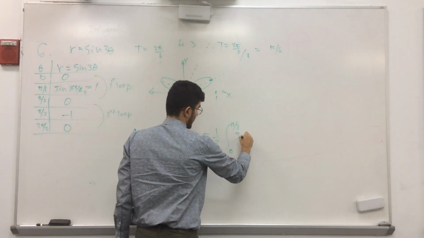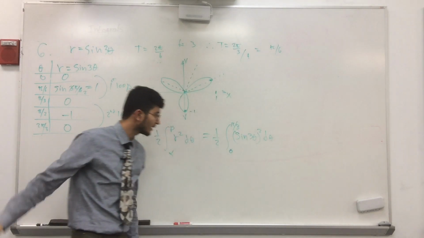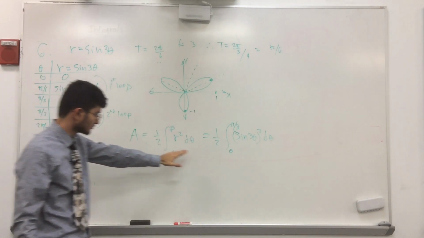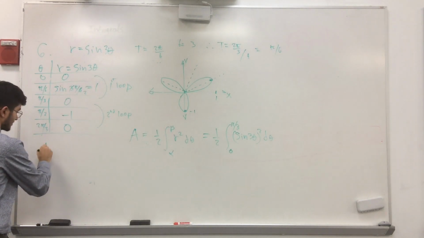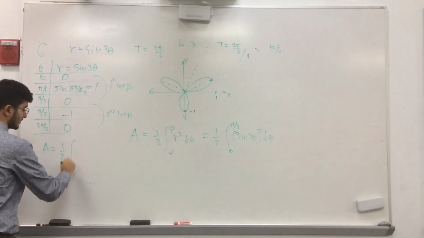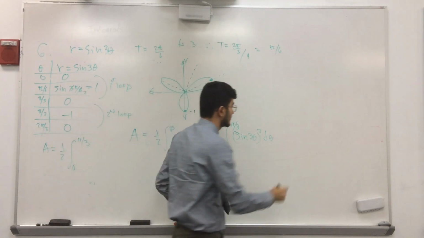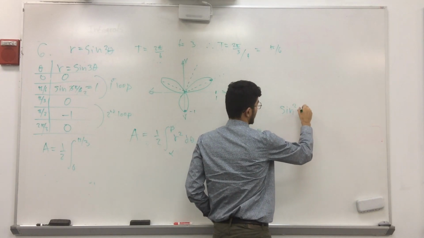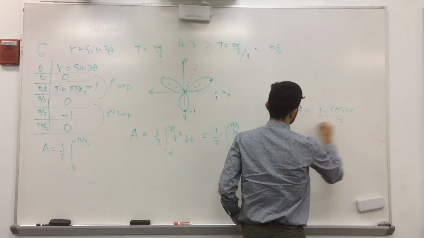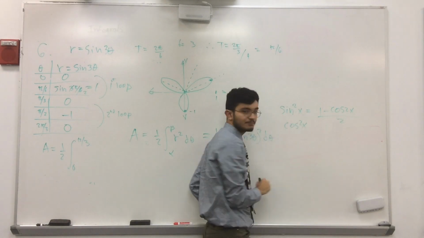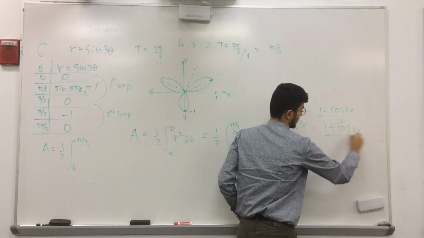That's going to be sine 3 theta squared d theta. So the area is 1/2 integral from 0 to pi over 3 of sine squared 3 theta. Now you remember that sine squared x equals 1 minus cosine 2x, all over 2, and cosine squared x equals 1 plus cosine 2x over 2.